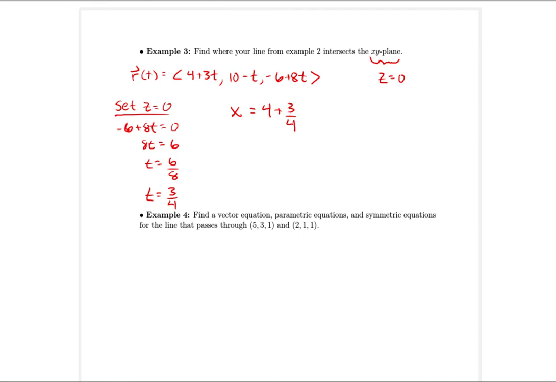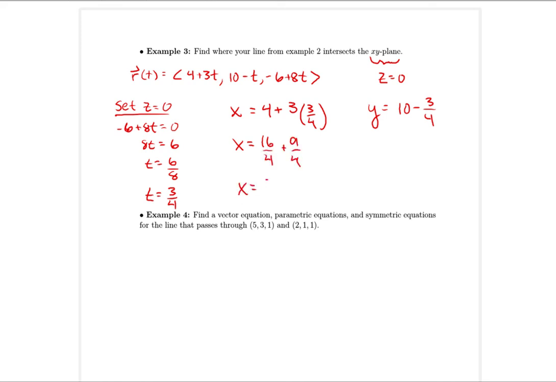So then we can take our x component and say, okay, well, what does our x component equal when, oops, sorry. So 3 times 3/4. I'm just plugging that t value in for my x and 3/4 in for the t value in my y component as well. So x equals, I'm going to need a common denominator, so this will be 16/4 plus 9/4.